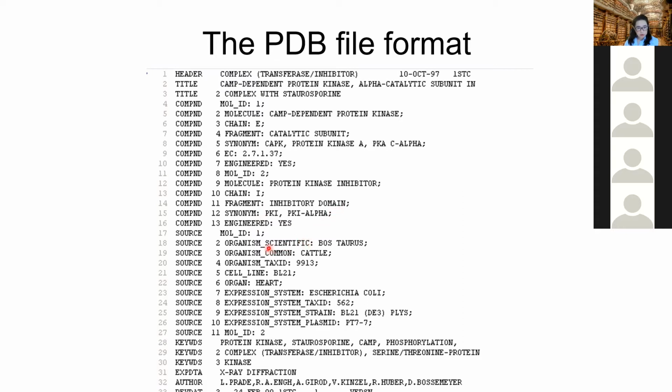In the PDB file header, you will see the organism, like this one, Bos taurus, which is cow, from the heart organ, and the expression system is Escherichia coli. This is the expression system where the protein was cultured and crystallized. And there will be the literature reference of who created these structures.